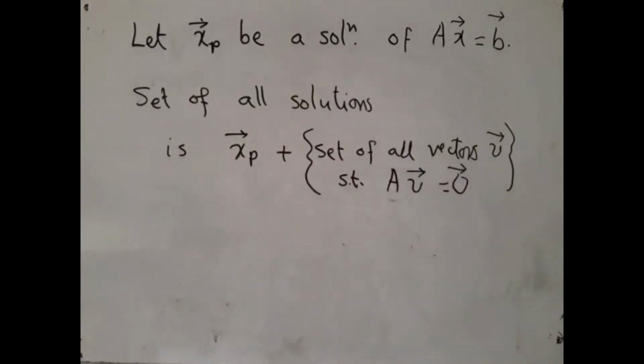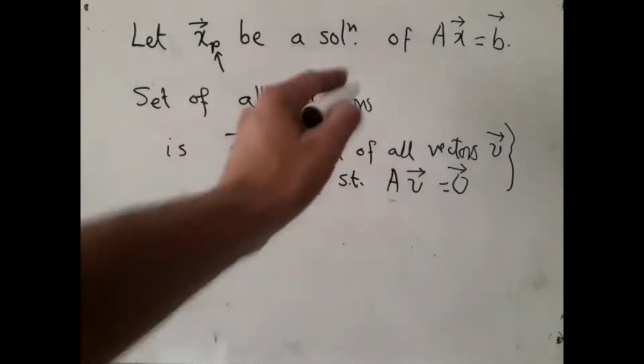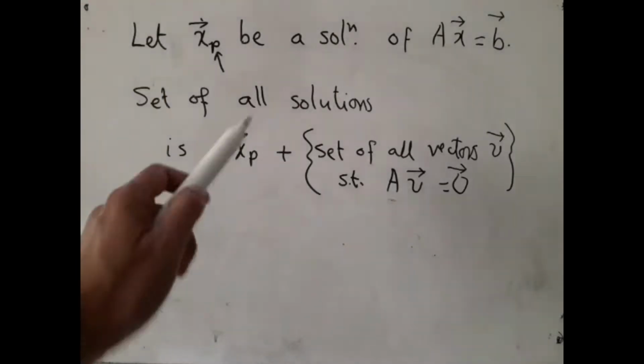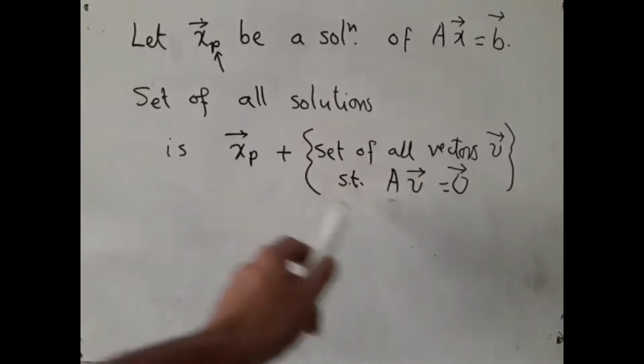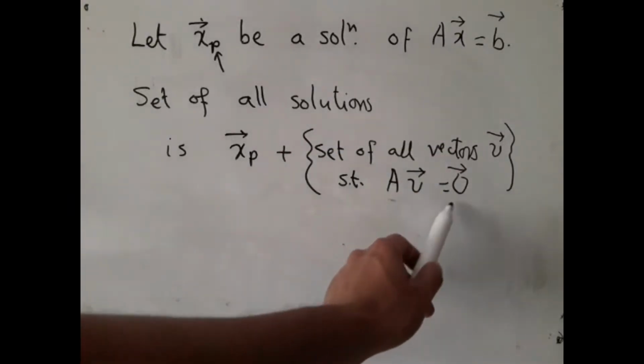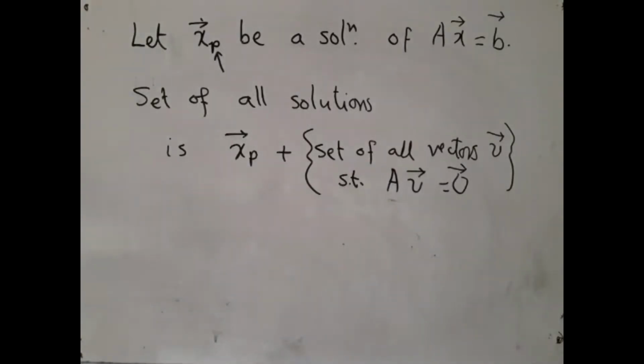Thanks to this result, we have this interesting fact: if xp is any particular solution of Ax equal to b, now you understand why I use the letter p. P stands for particular. Then the set of all solutions, sometimes called the general solution, is this thing. You start with xp, with it you add something which has the property that A times v is equal to 0. So think carefully that this is an immediate consequence of the result that I stated just now.